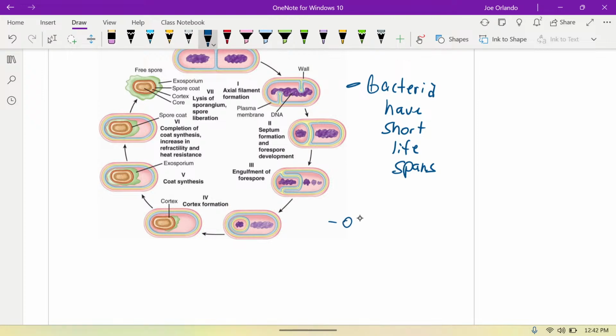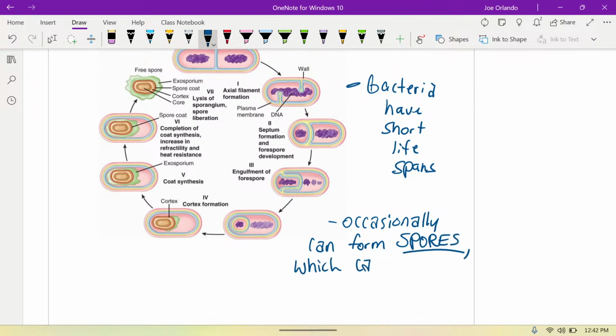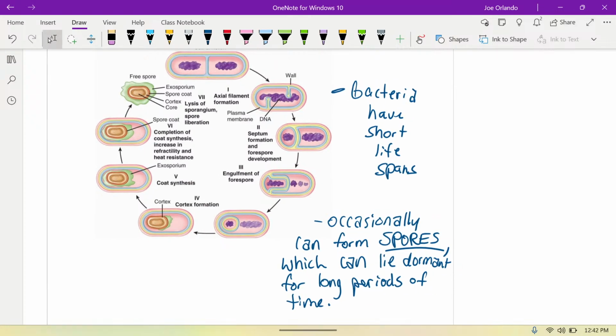So they occasionally can form spores, which can lie dormant for long periods of time. But then can come back.